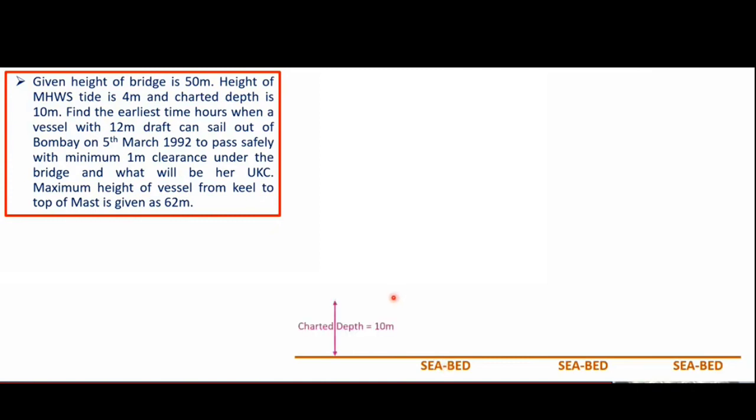Now, since we are given the charted depth, we can start with the seabed. Let this line represent the seabed. As the charted depth given is 10 meters, that means the chart datum is 10 meters above the seabed. So we go to 10 meters above the seabed, and what we get is the level of the chart datum.